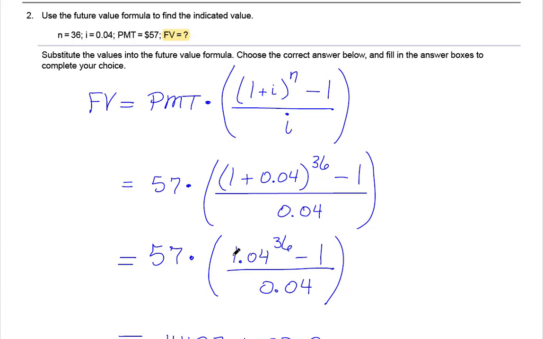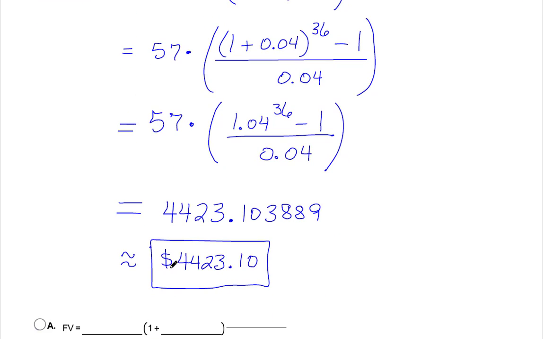Now, the only trick here is to keep all of this in your calculator. So you're going to calculate 1.04 raised to the 36 and then subtract 1. So get all that in your calculator. Don't write anything down. Then divide by 0.04 and finally multiply by 57. And when you do that, you get this number, and we're going to round it to 2 decimal places for money.